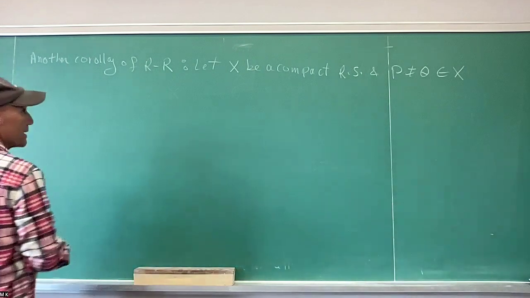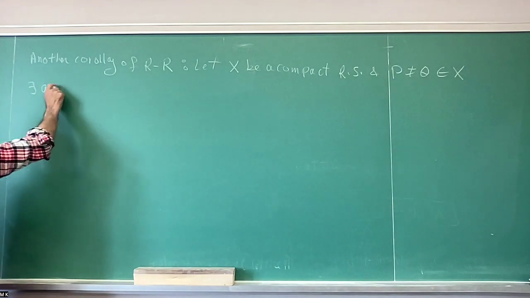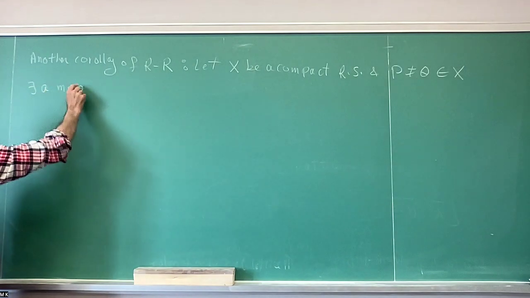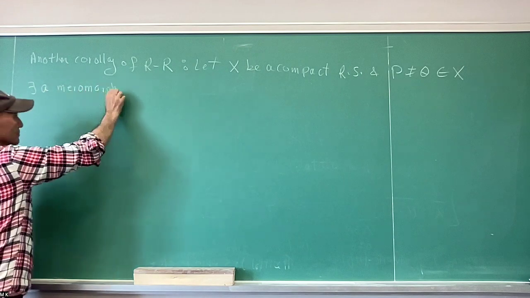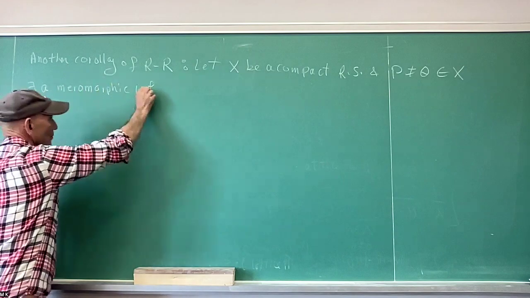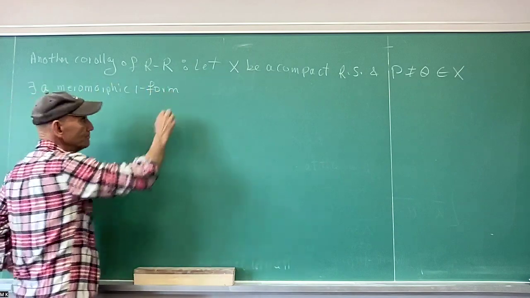Then there exists a meromorphic differential, a one form, with simple poles at P and Q.